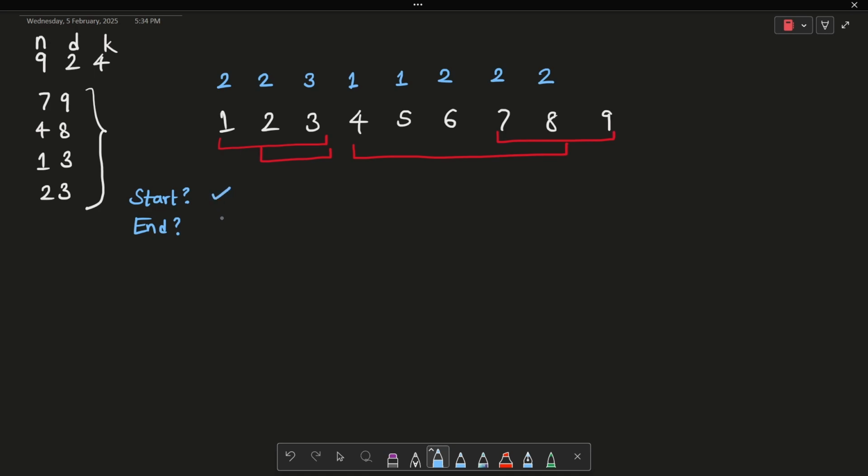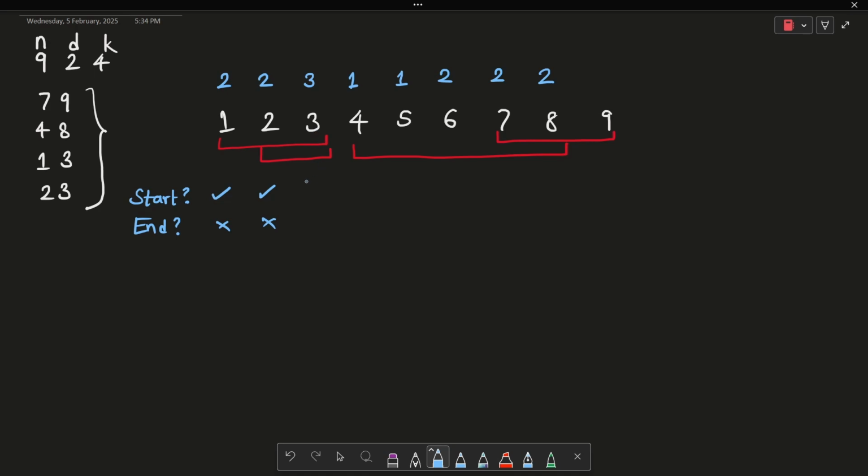Yes. Is there a job ending on this day? No. Is there a job starting on the second day? No, this job was already started on the first day. It is not starting on the second day. But this job is starting on the second day, right? So I can say yes, there is a job starting on the second day, and obviously there is no job ending on the second day, so I'll say no.